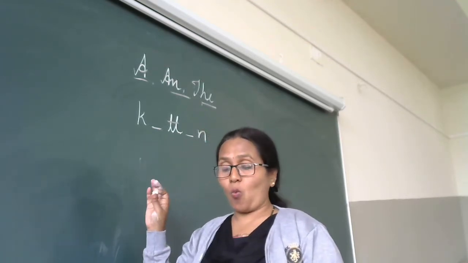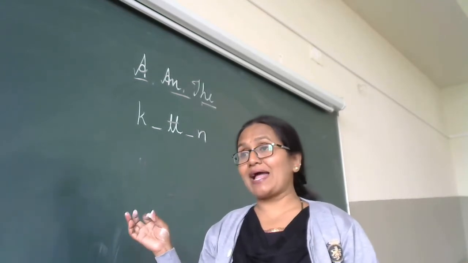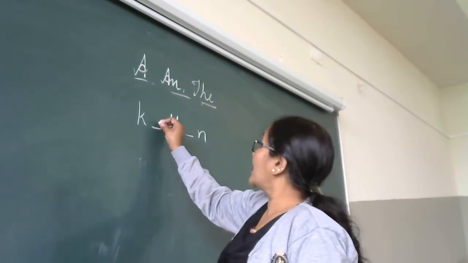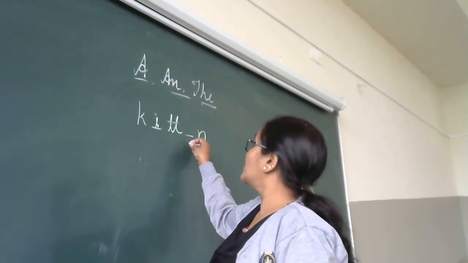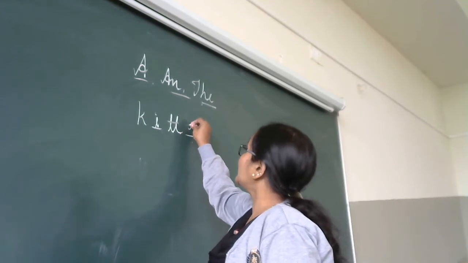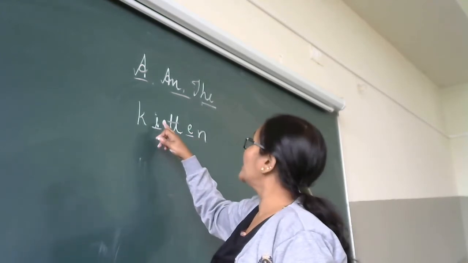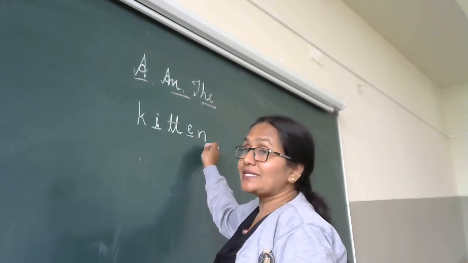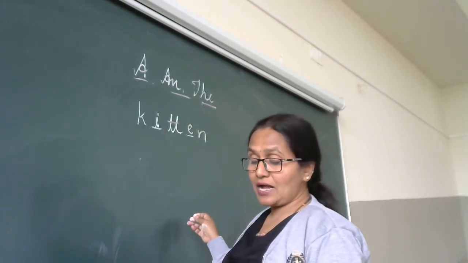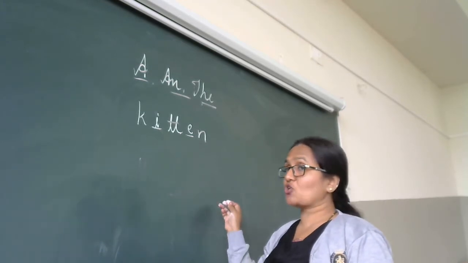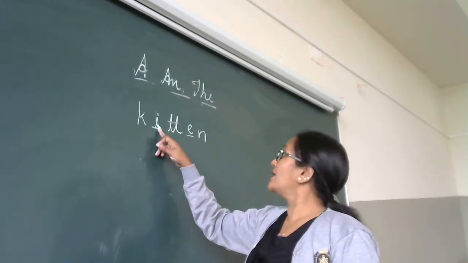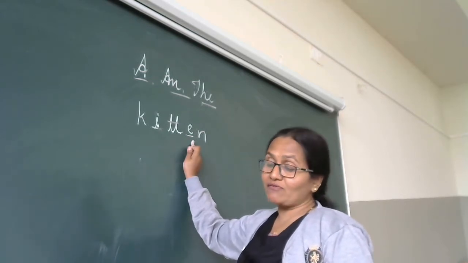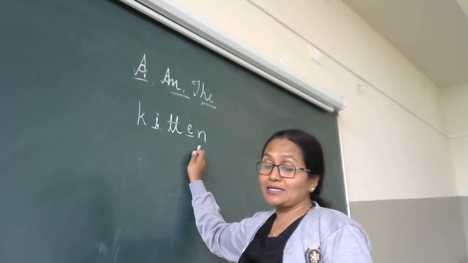The vowels here are I and E. When we add I and E to the spelling, we get the word kitten, a baby cat.